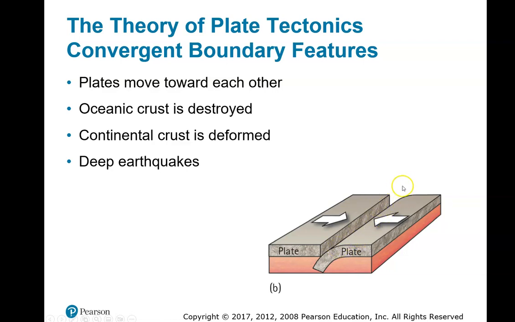The most blatant example of that would be the Marianas Trench off the coast of the Philippines in the Pacific Ocean. All right, so you have really deep and very strong earthquakes associated with this kind of thing.